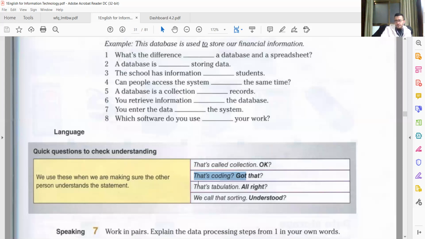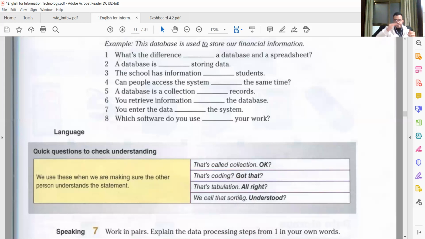We should notice the tone when we ask these questions. See, I said okay, I raised my voice. In this example, that's called collection. See the tone. That's called collection. That's coding.